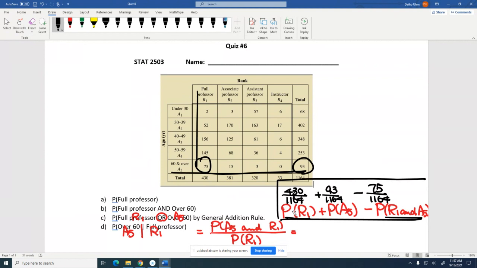We need the denominator later at the bottom. So on the top is 75 out of 1164. Separately, what was the proportion of the full professor? It is 430 over 1164, but we cancel out the denominators. The remaining fractions will be the conditional probability. You don't have to do that, but it is better.